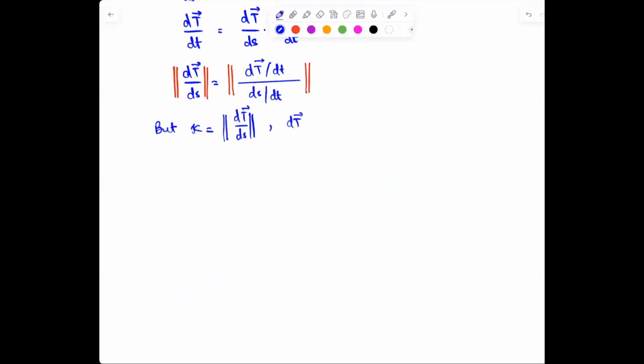So dT/dt is equal to T prime of t. The left-hand side is equal to kappa, I just use different notation.